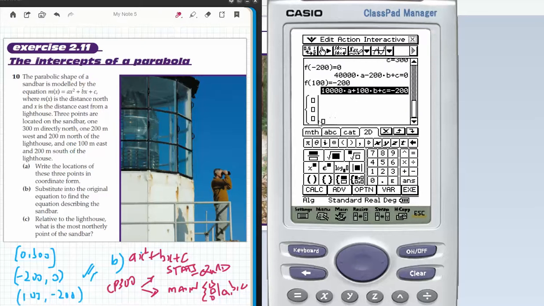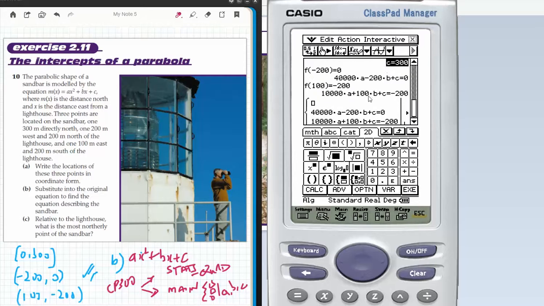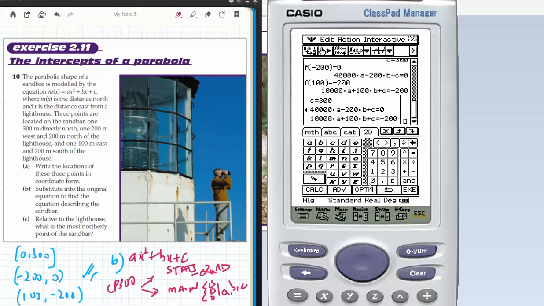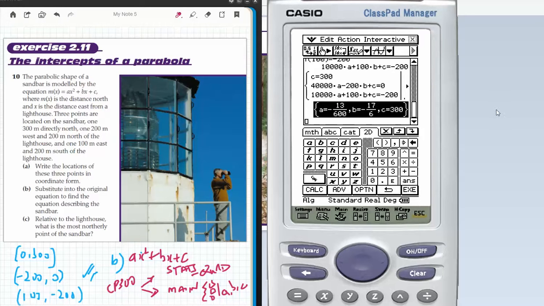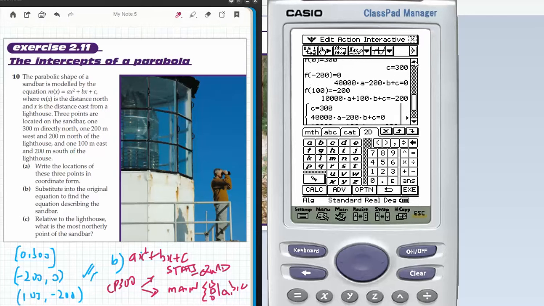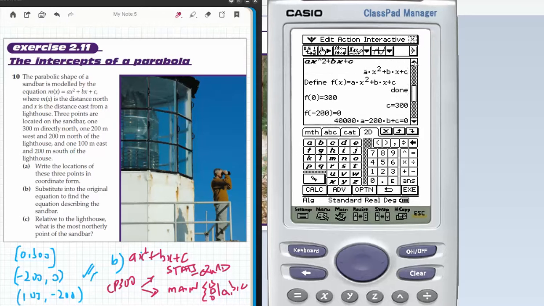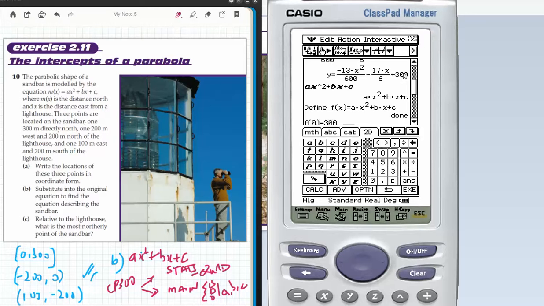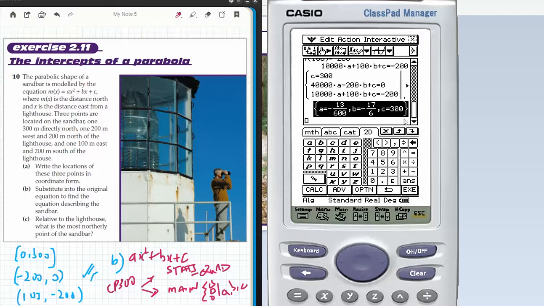Touch this, drag and put that into the equations, touch the second one, and the top one, and I'm solving this for a, b, c. When I press Execute, it tells me the same three answers I got when I did it in Stats, minus 13 on 600.